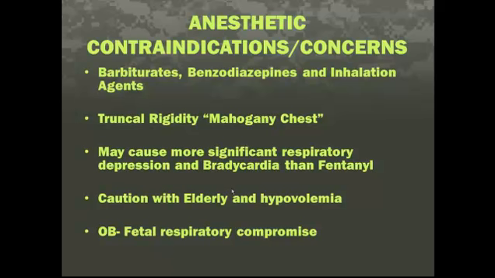Like other synthetic opioids, sufentanil, in large doses, can lead to chest skeletal muscle rigidity, or mahogany chest, which can increase your airway resistance and further complicate your respiratory management. The incidence and severity of muscle rigidity is dose-related and may occur with agents that have a rapid onset of action.